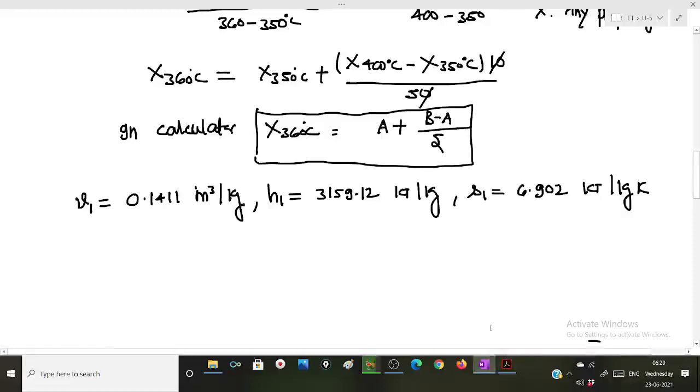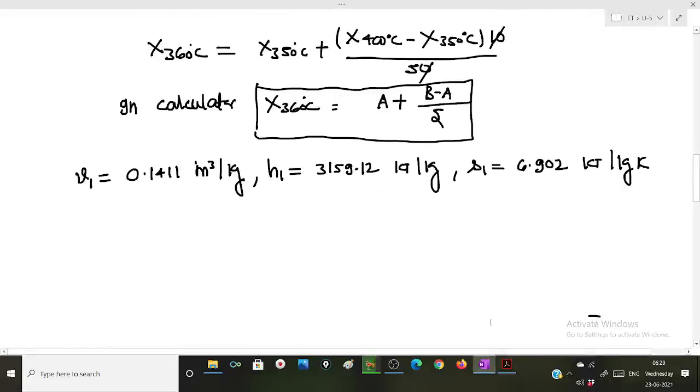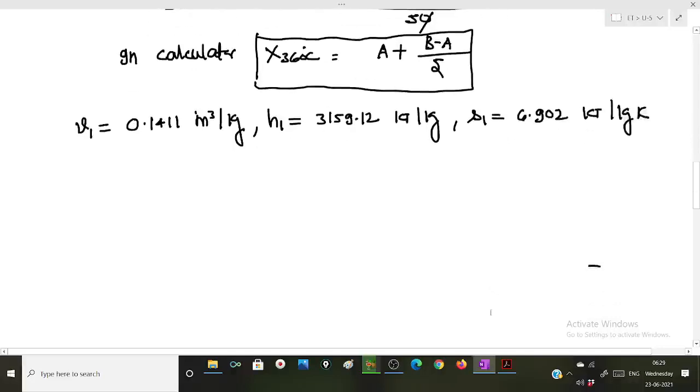Now after finding the v, h and s values for superheated steam at a pressure of 20 bar, let us find the other properties at the back pressure.